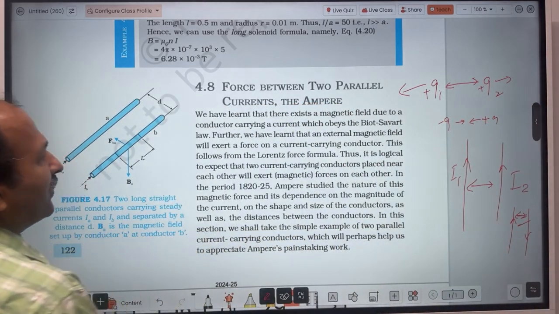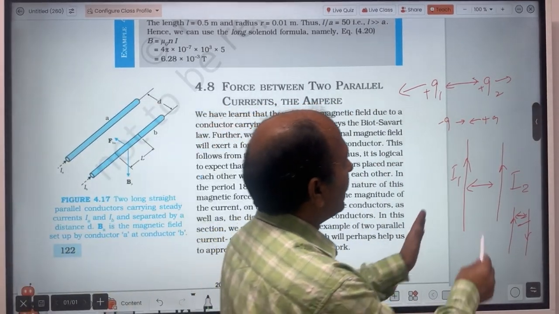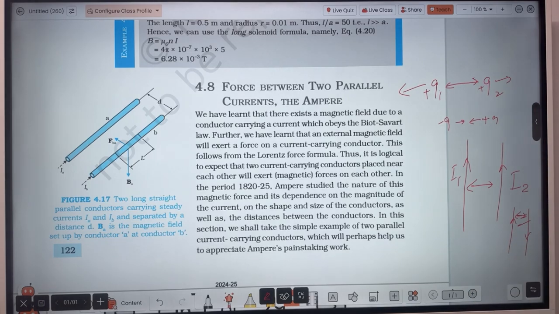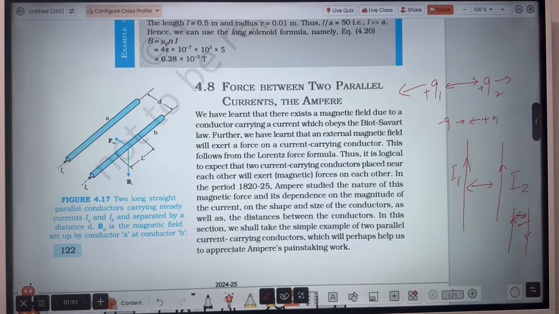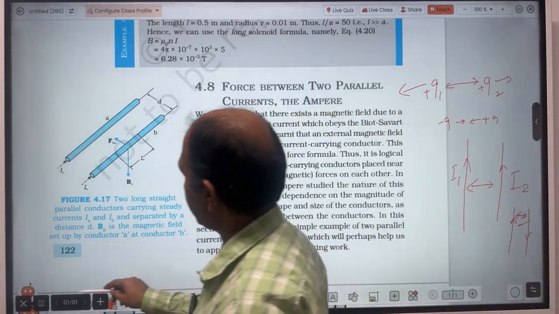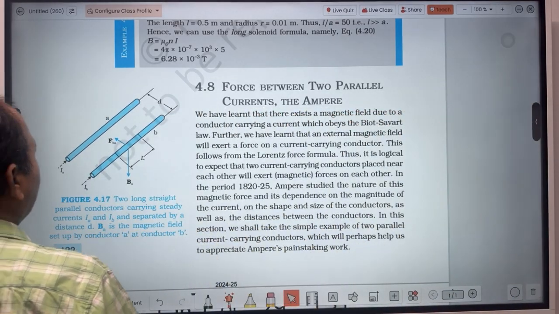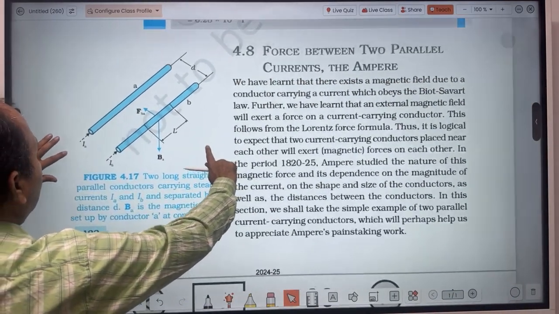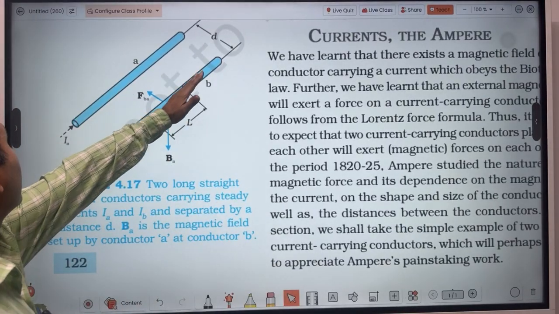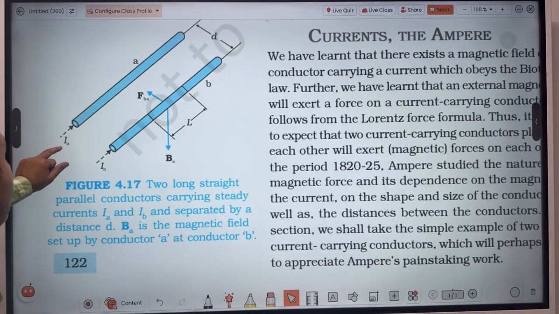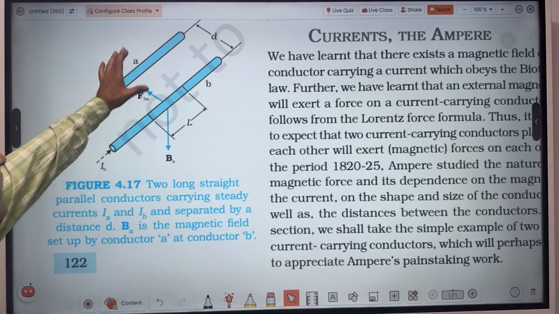So here we are going to find out what is the force between these two conductors, whether it is repulsive or attractive. If you wish to read, let's read together. Here there is one conductor carrying current, this is another conductor carrying current. This current is IA, this current is IB.